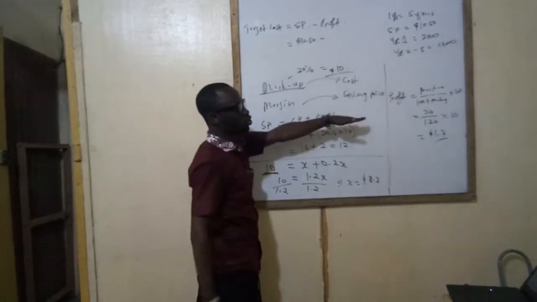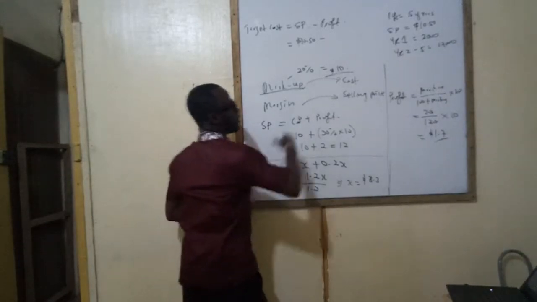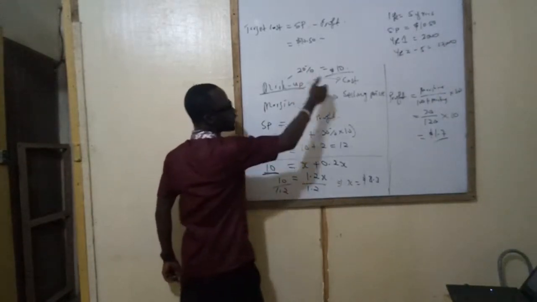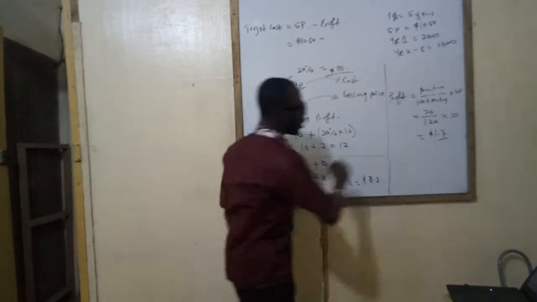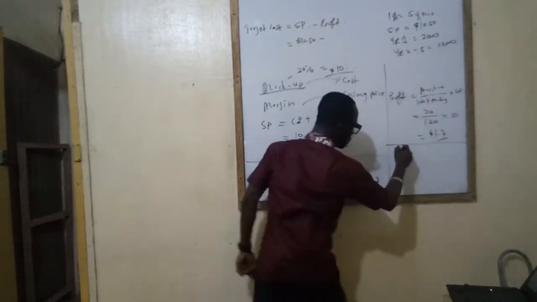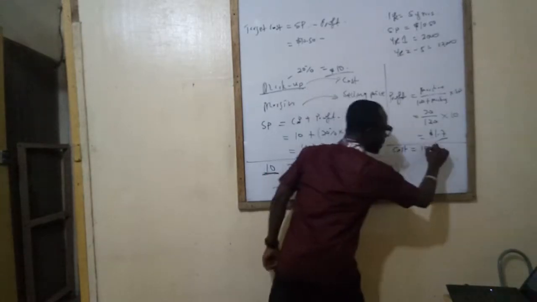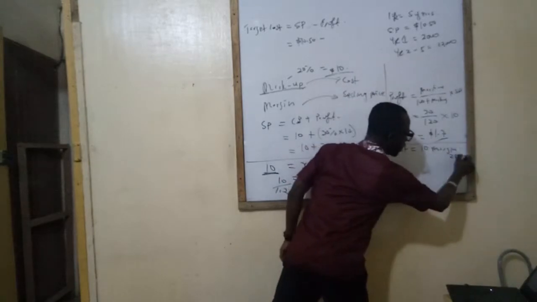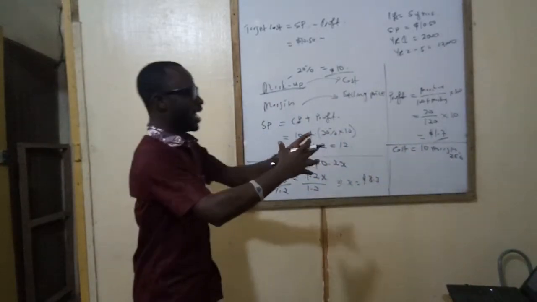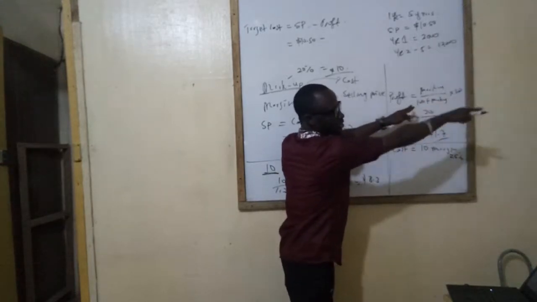The opposite is true. What is the opposite? What if we are given cost price, but we are given margin? So how do we go about that? So cost is say 10, but the examiner gives us a margin of say 25%. So this is where you have to be careful. It's the same workings, but this time around we will subtract.